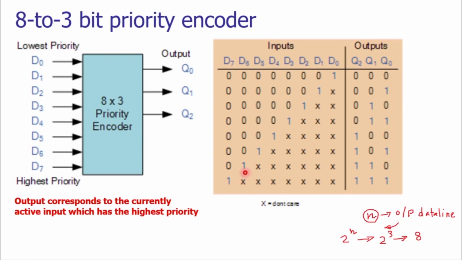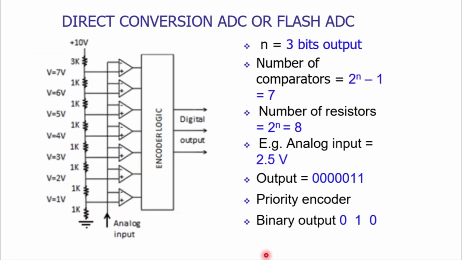So in this case we are getting the output as 1 1 0, the binary digital output for a voltage equal to 6.8 volts. In this way, we can easily and simply convert analog signals into digital binary signals.